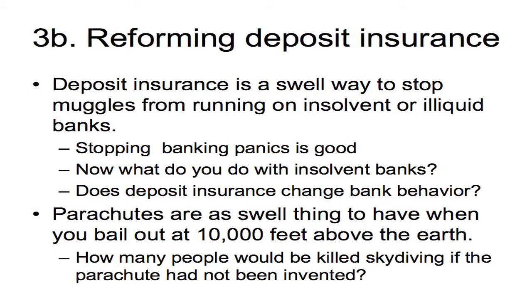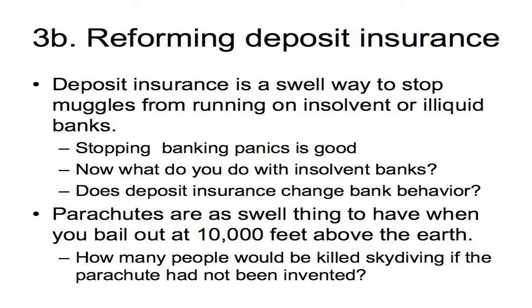Yep. And by the way, stopping bank panics is good. I'm all in favor of not having panics. Of course, the question is, what do you do with the insolvent banks, right? The fact that the people aren't running on them doesn't eliminate the problem. All you've done is provide a guarantee, right?